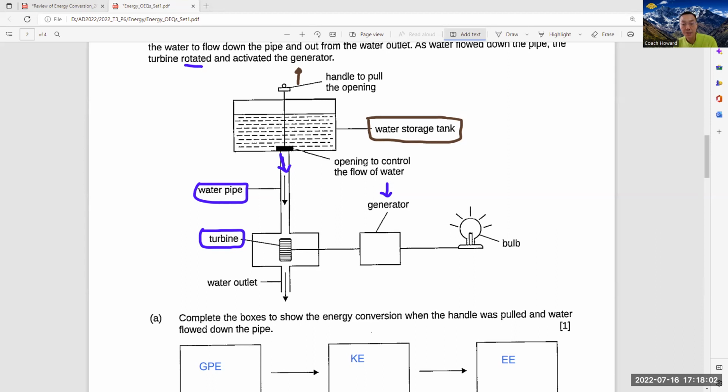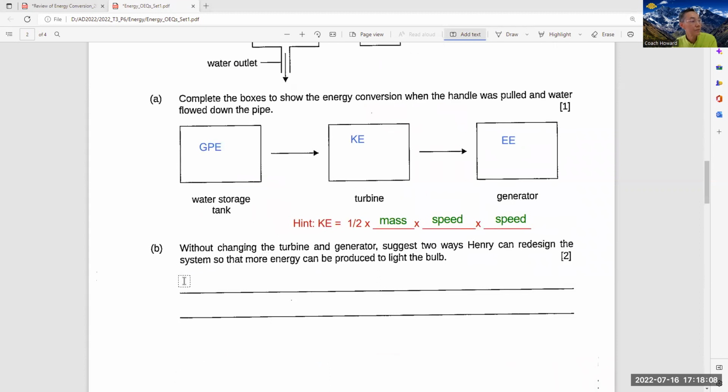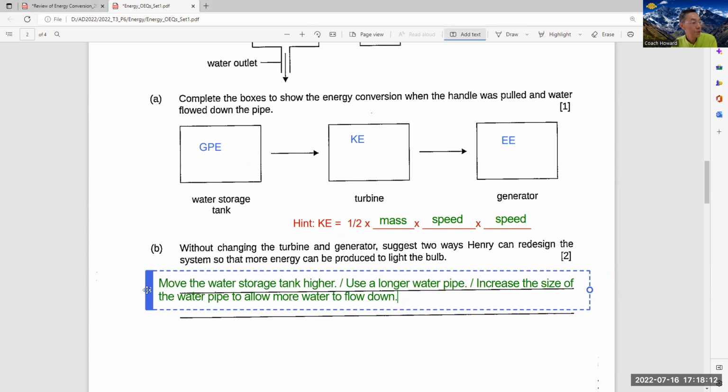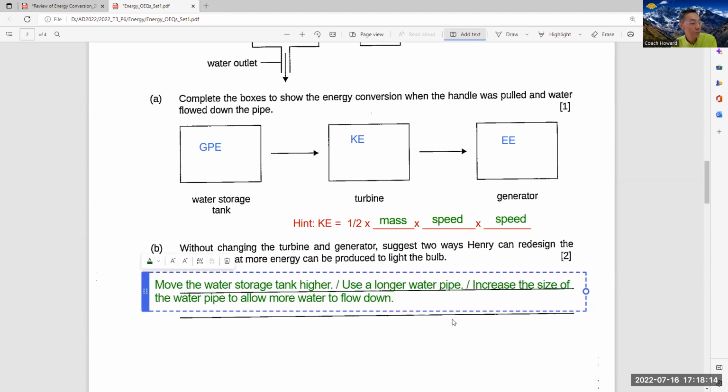So these are the possible answers. I will put them here for you to consider. Move the storage tank higher, use a longer water pipe, increase the size of the water pipe, where increase means widen. Maybe I put widen.